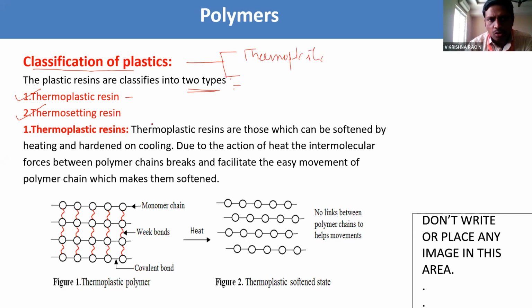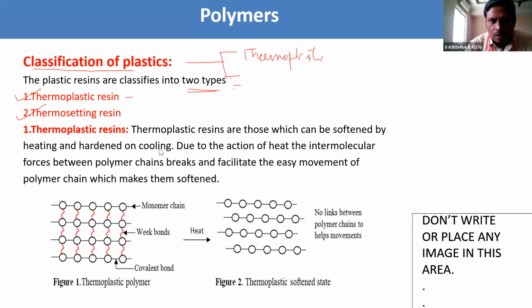Thermoplastic resins are those resins which are softened by heating and hardened on cooling. Thermosetting is just the opposite of this.